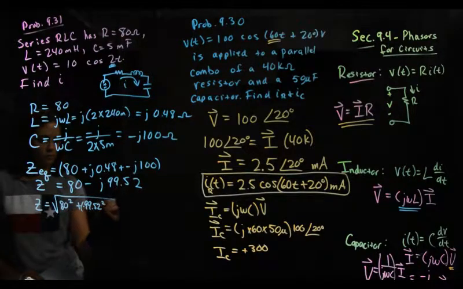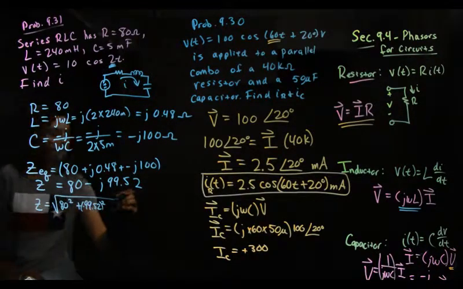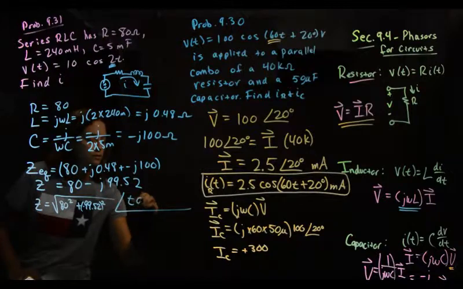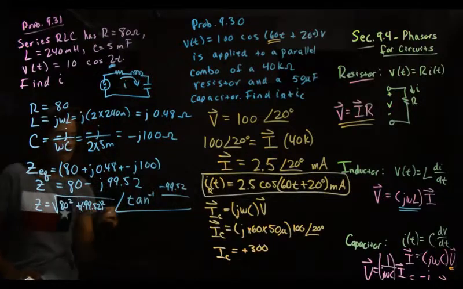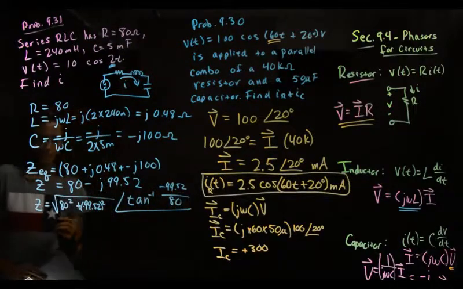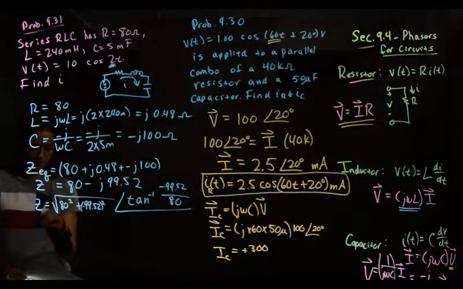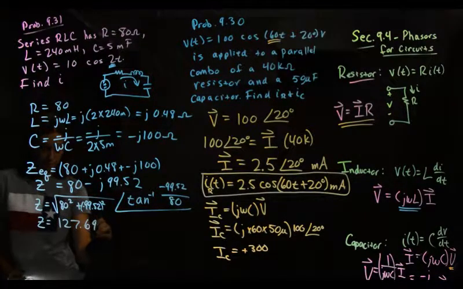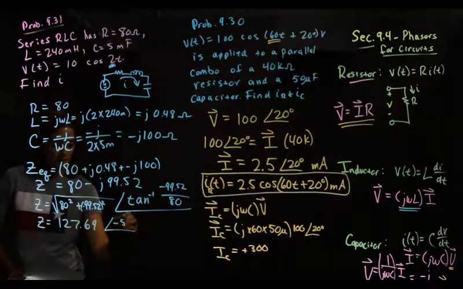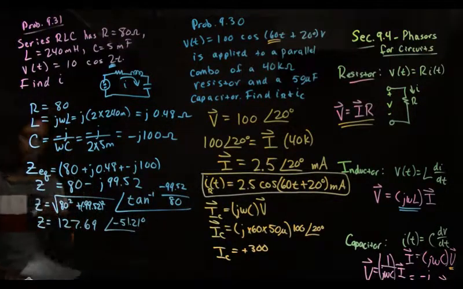It's negative, but who cares because we're squaring it. At an angle of tangent inverse of y over x. So you put that in your calculator, and you get 127.69 at an angle of minus 51.21 degrees.